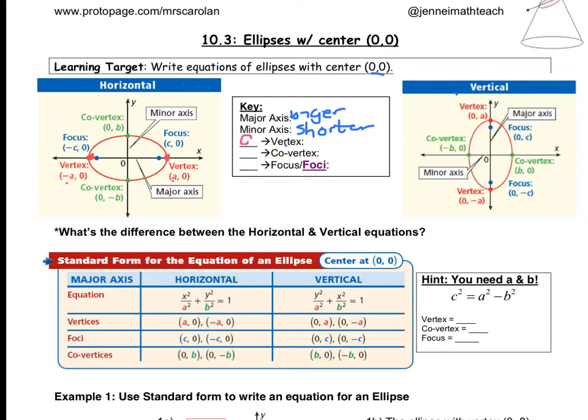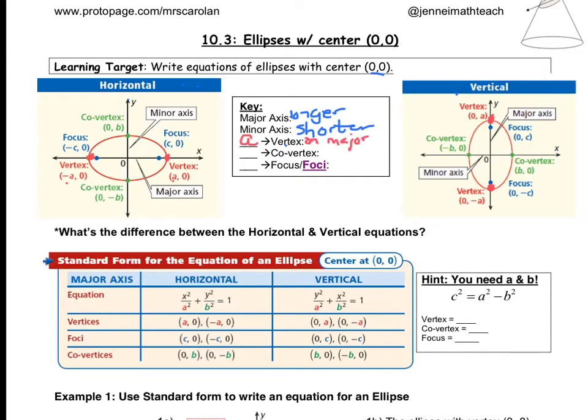And we're always going to work with positive a when we talk about where the vertex is. So it's right there if we have a horizontal, or the vertex is right there or right there if we have a vertical ellipse. You can put on the major axis.